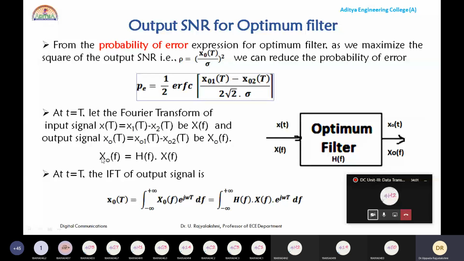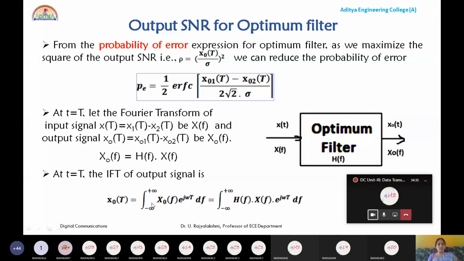Now we got capital X naught of f. This is the output signal in the frequency domain. Let us calculate the inverse Fourier transform of the output signal at t equal to capital T. What is the inverse Fourier transform of the output signal? Small x naught of capital T, because we are at a particular instant.